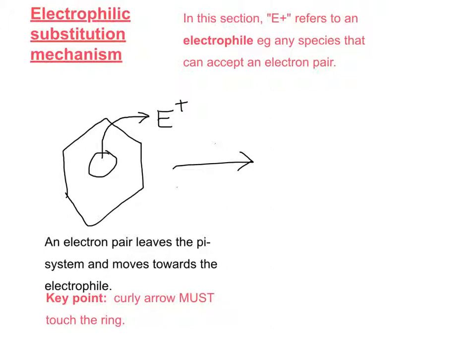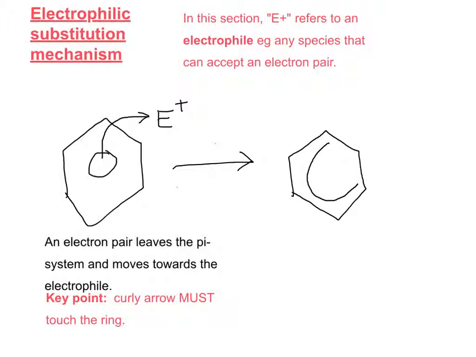Well, we have our hexagon, just like before, but this time we draw a horseshoe shape. Now the horseshoe shape has to point towards the carbon next to where the electrophile was sitting. So the electrophile was in the top right hand corner.